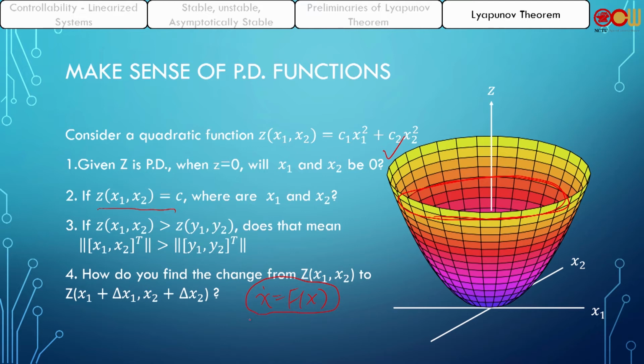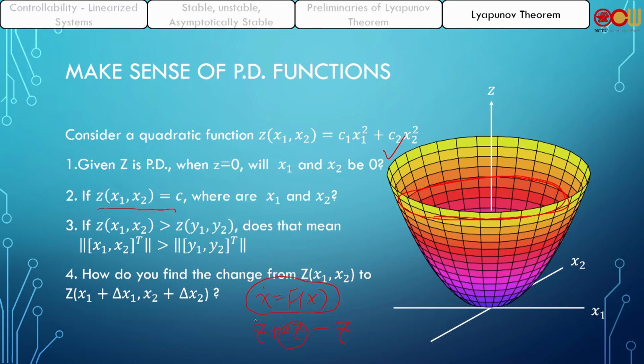I know the dynamics, right? That means I know the momentum of x. Can I use this condition to see what z of x plus delta x minus z is? Can I know the differentiation, delta z? If I know the momentum of the argument, can I know the value of z?